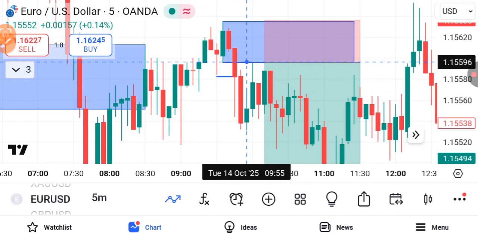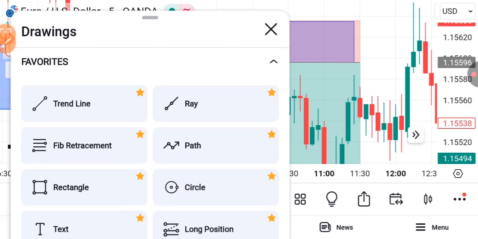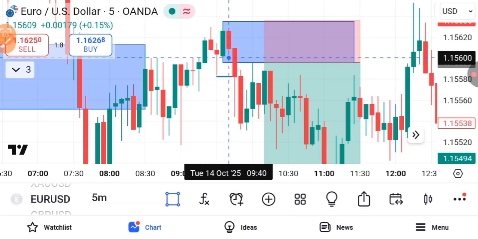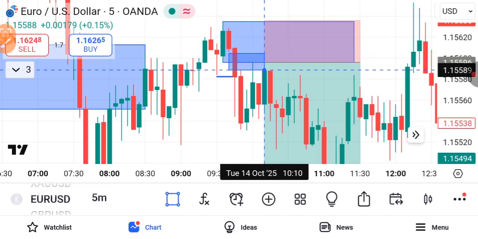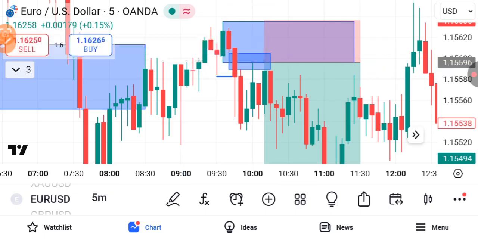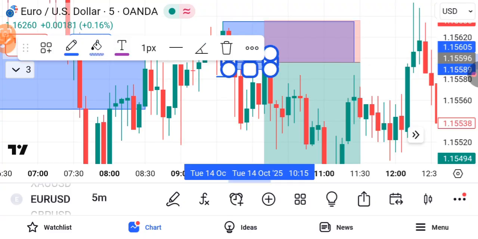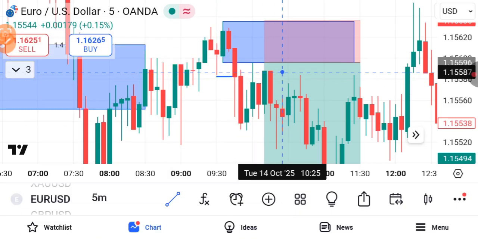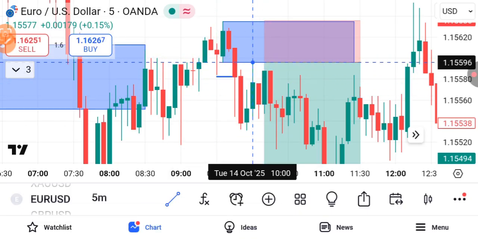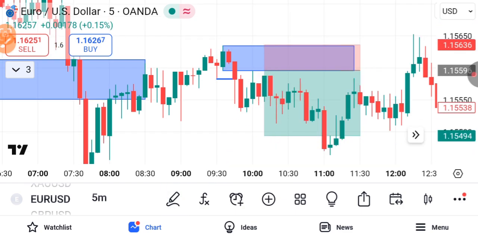This is a fair value gap, from this place down to this candle, and the market went all the way into the 50% of the fair value gap. It even taps the order block. As you can see, it retraces back into this order block and it continues moving down.